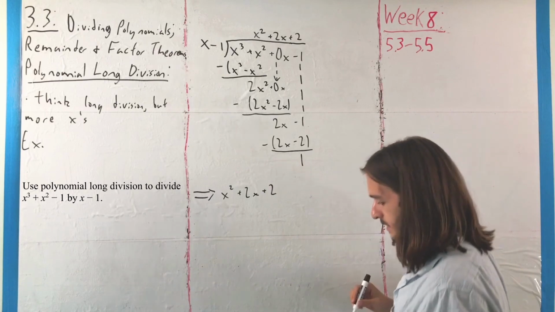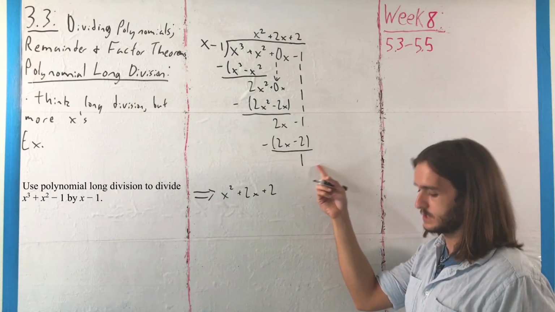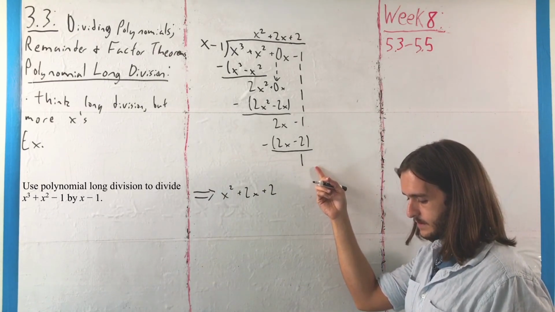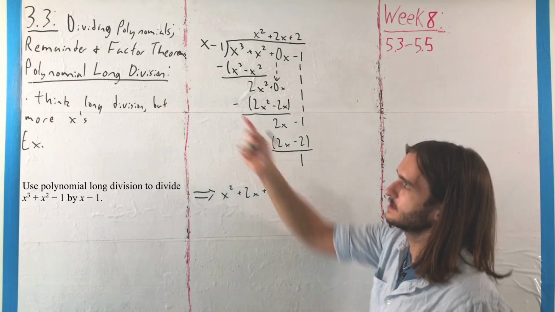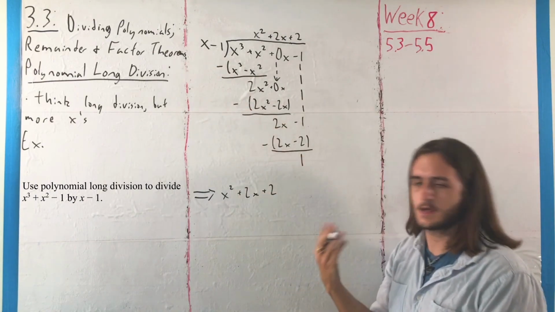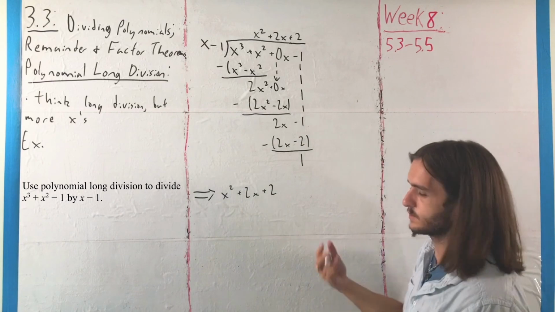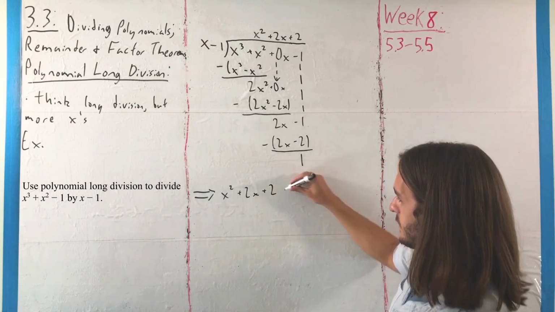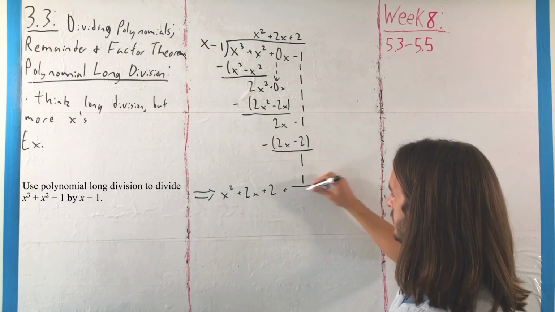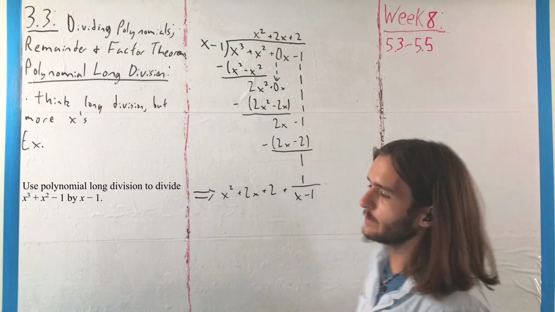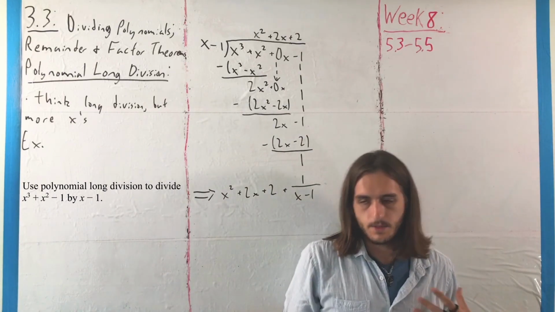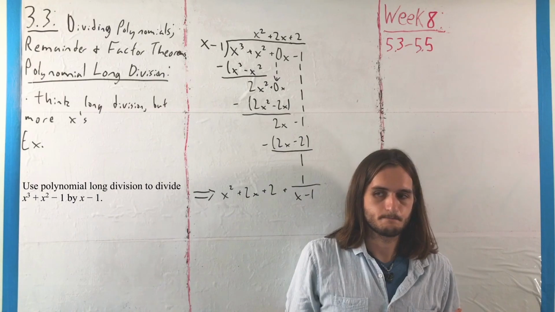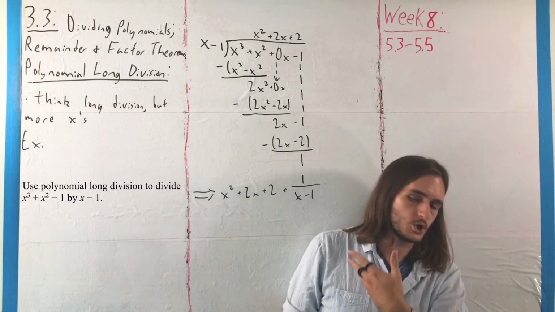And unfortunately, because we get down to here, we have this value 1, that's of lower degree than x. Nothing we can do with the division will make that any better, so we're just stuck with it as a remainder, and we write that as 1 over x minus 1. Like we always do when we're talking about things with remainders before, they turn into fractions.